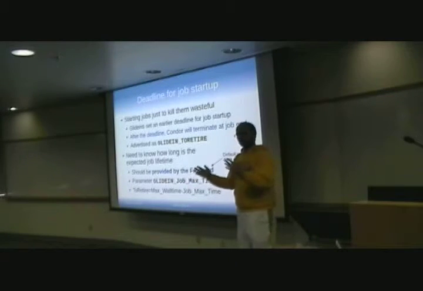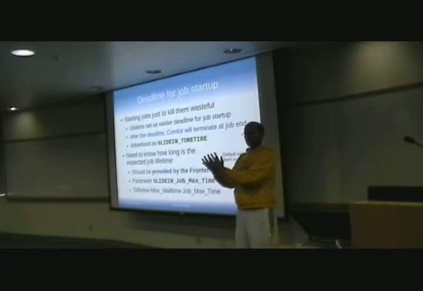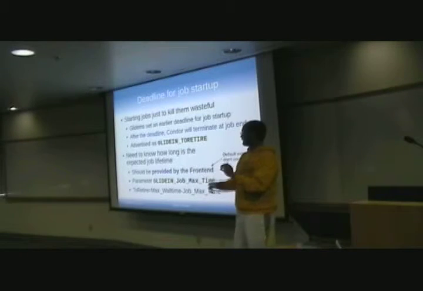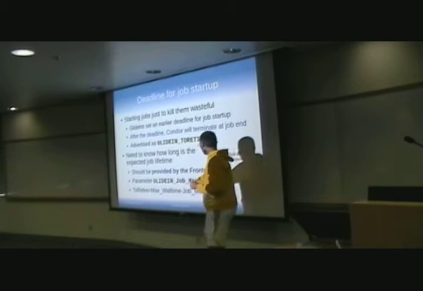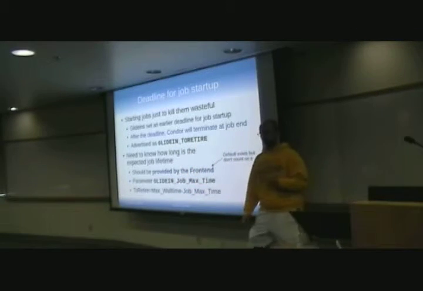That will not work. Or I could put it really close to the deadline, and then essentially every job will die. So you want to put it at something that is about the average time of a job, or where the majority of jobs will finish in time. And this is defined by the GLIDEIN_Job_Max_Time attribute.